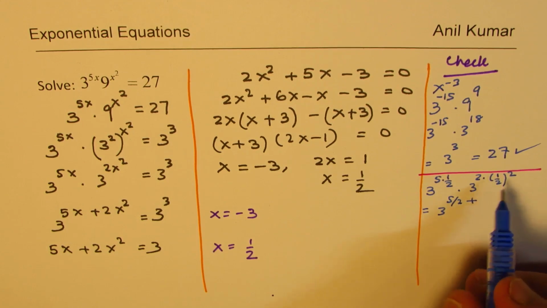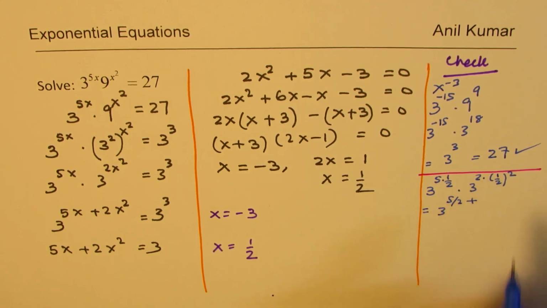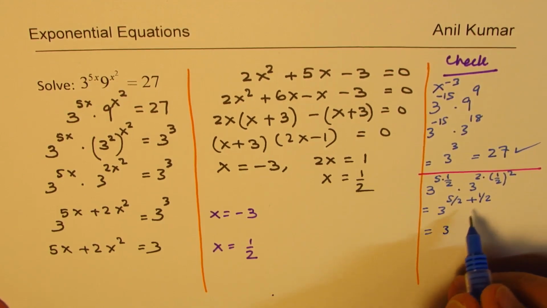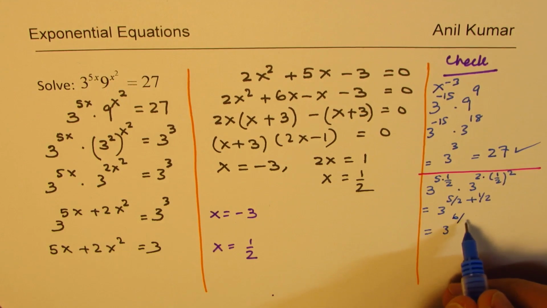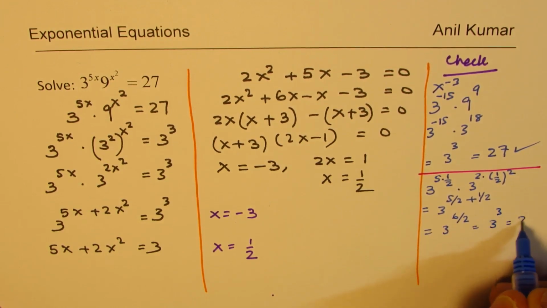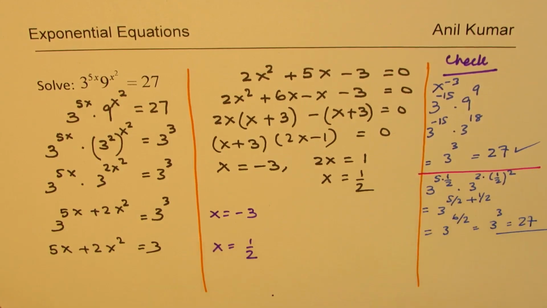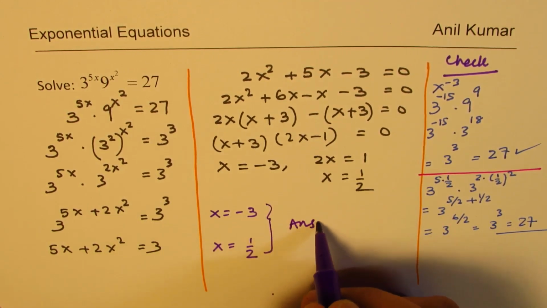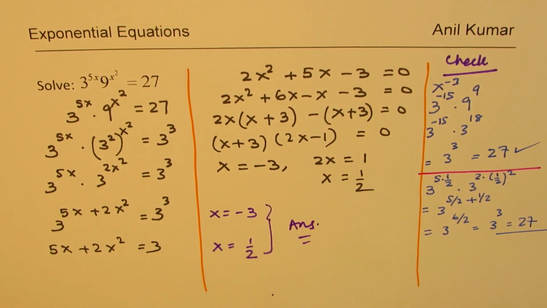One of the 2's cancels, right? So we have 2 over 4. 1 over 2 is what we get, right? So this is 1 over 2. So that is 3 to the power of 5 plus 1, 6 over 2, which is 3 cubed. So that is also 27. So both work, correct? And therefore, our answer is correct. It is both x equals minus 3 and x equals half.